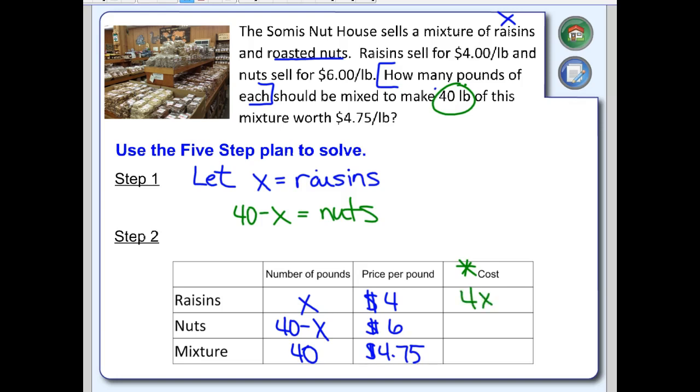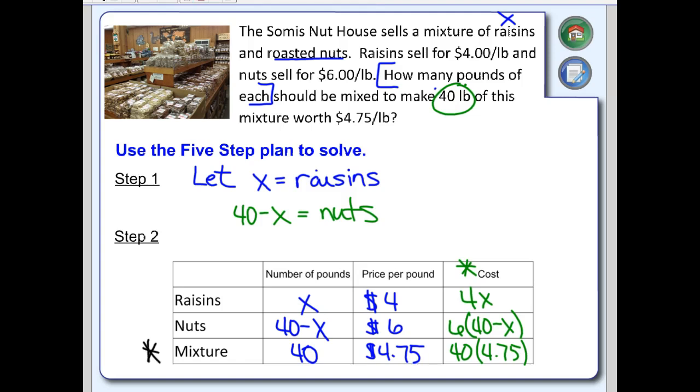And then for the nuts, we've got $6 times 40 minus x. And then we've got 40 pounds, and we're going to sell it for $4.75. So row 1, we've got our let statements, we get our cost out. Row 2, we've got our let statement cost, and then we had to go back to the story problem to figure out the totals for the mixture.